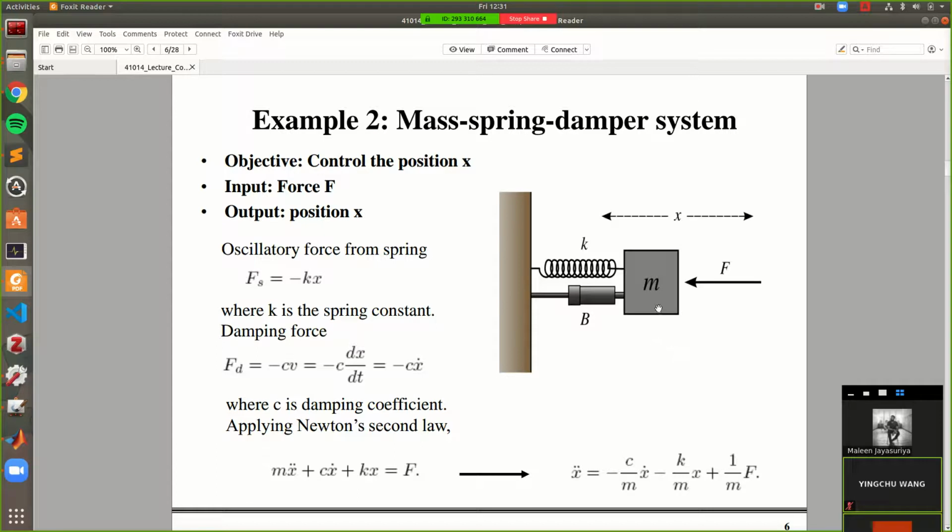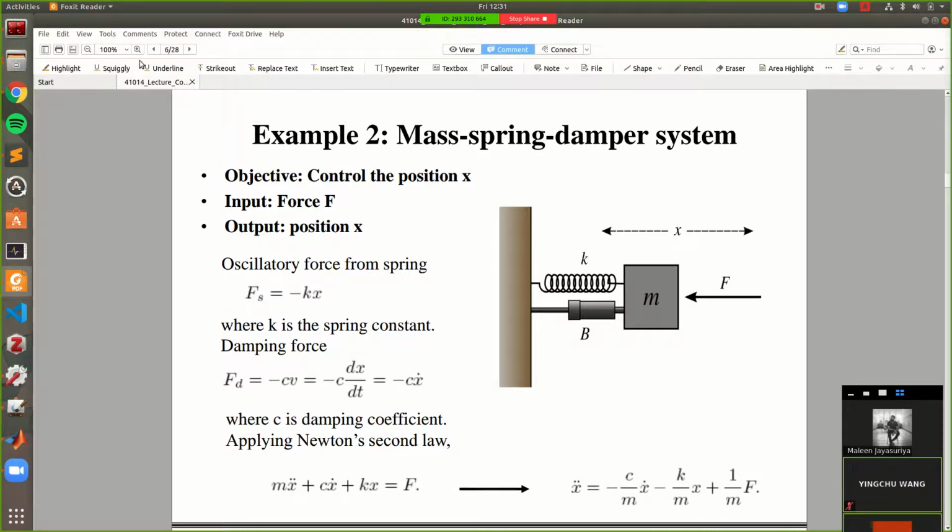Basically, these are the parameters associated with your system. You have force, and you have a spring constant that defines the relationship between this force, the spring, and some sort of state that we are interested in. There is a terminology that is super important here, and that is this idea of states.